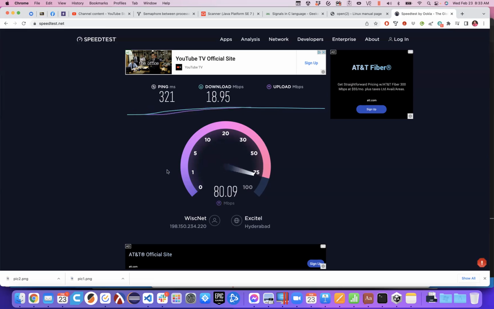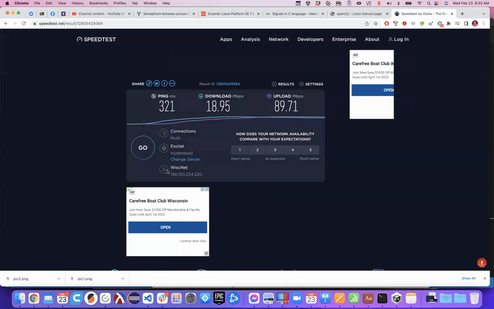Yeah, very interesting to sit there and play with a tool like this and see how the internet actually works.